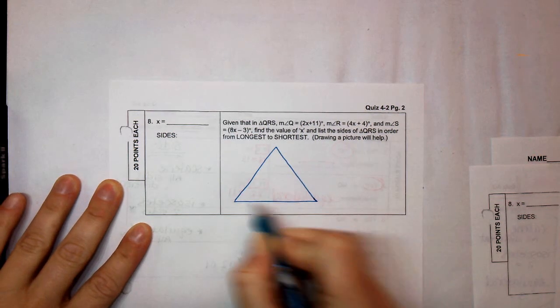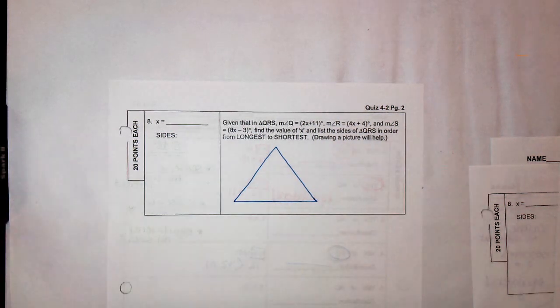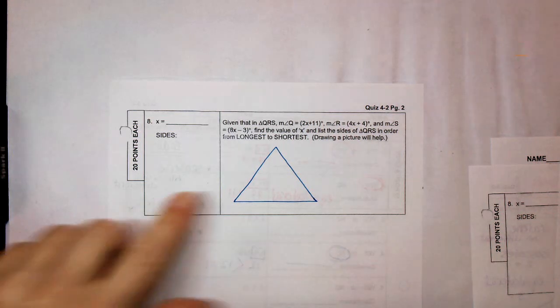Okay, so 8 is just like 6 and 7, except it's a 3-step problem, versus 6 and 7 are like 1-step problems. Once I refresh you on this, you should be able to do 6 and 7.